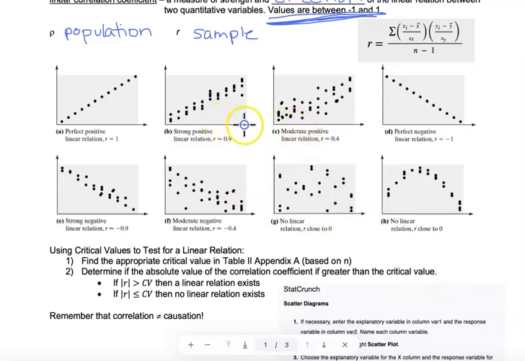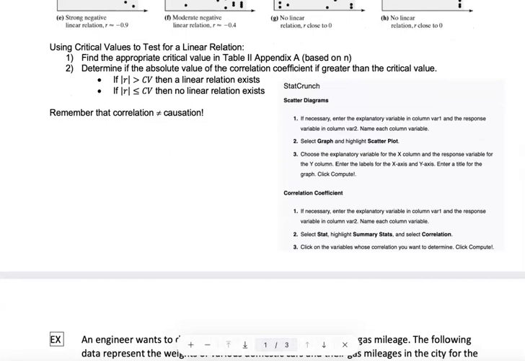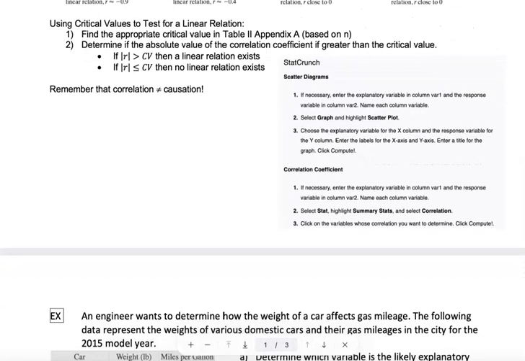If we have an r somewhere between maybe 0.4 and 0.9, it would be closer to the line than what we see over here, but maybe not as tight together as what we see in B. When we get lower than 0.4, we really start to not see much of a linear association. We are going to learn various tests for critical values.